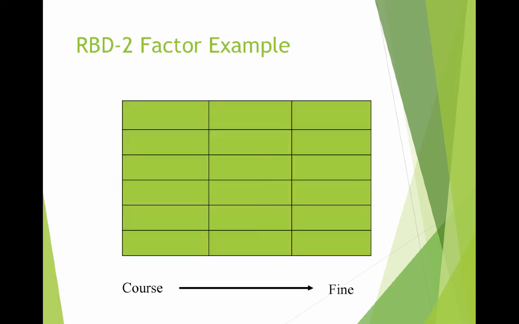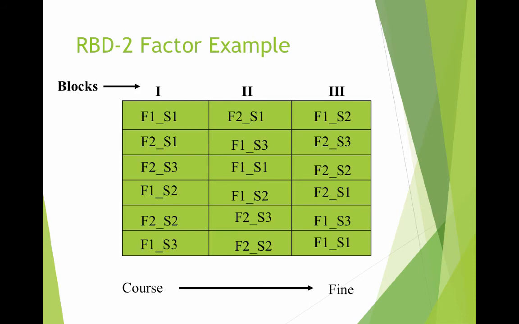So the number of treatment combinations that you would need gets pretty significant pretty quickly. We've got our fertilizer 1 and fertilizer 2 scenarios, and then our soybean varieties: soybean variety 1, 2, and 3.